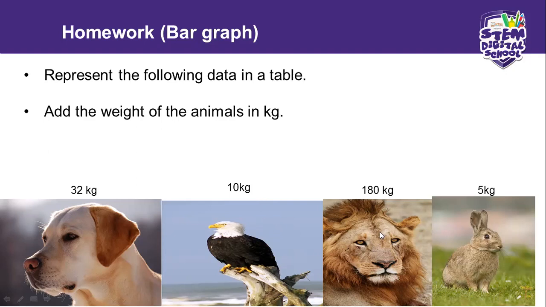And there's the king of the jungle, a lion. A lion weighs, on average, about 180 kilograms. And there is a rabbit. So on average, a rabbit will weigh 5 kilograms.